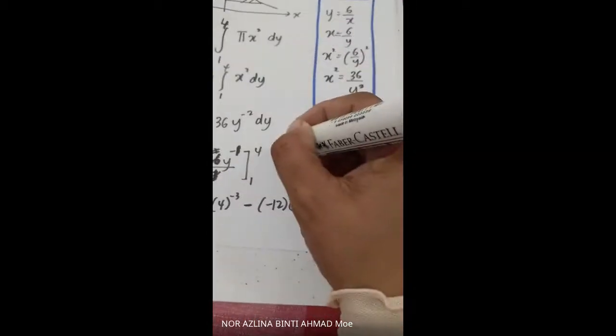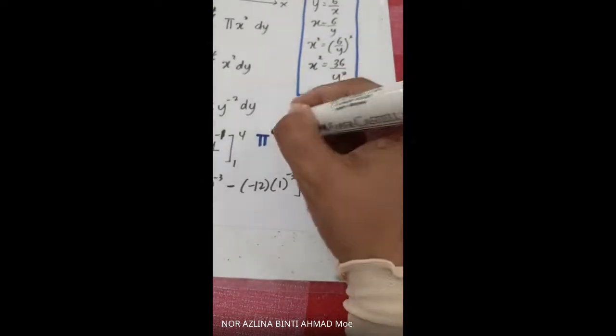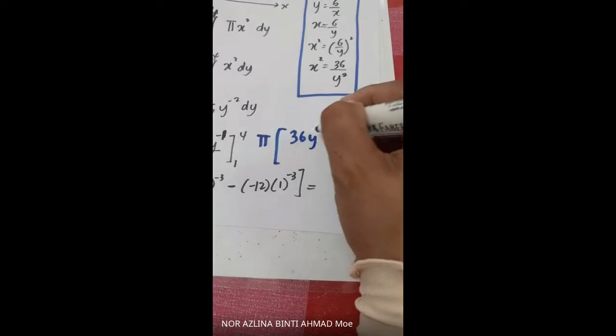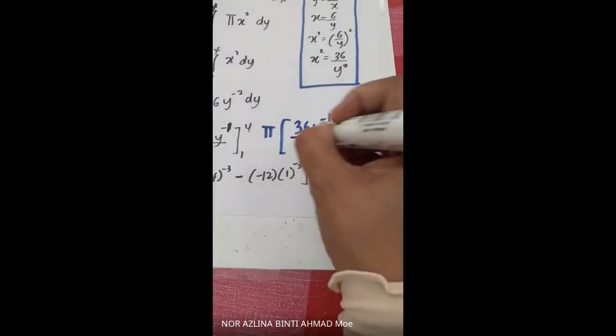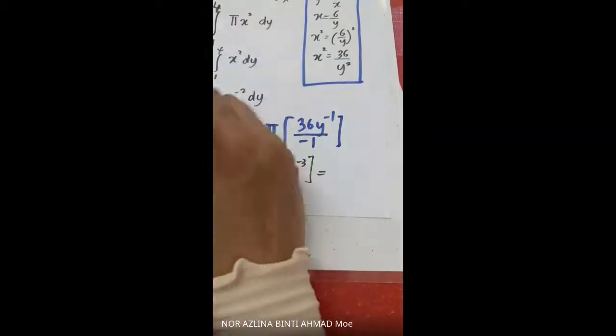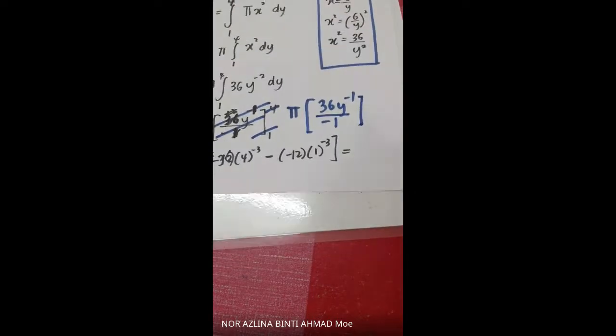Okay, saya betulkan ni. Volume equals pi, 36 y power of negative 1 over negative 1. Ni salah. Okay. And here, okay, saya tulis belakang lah.